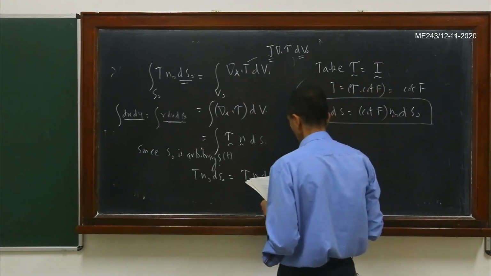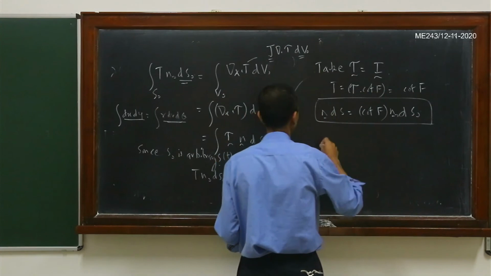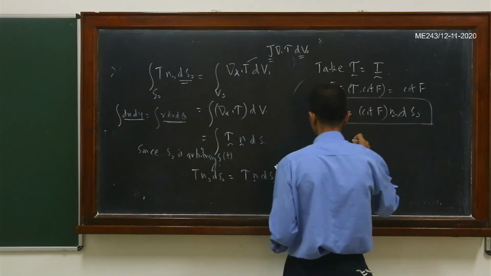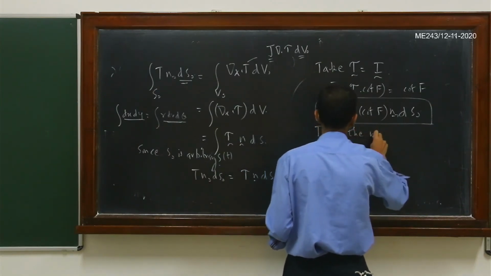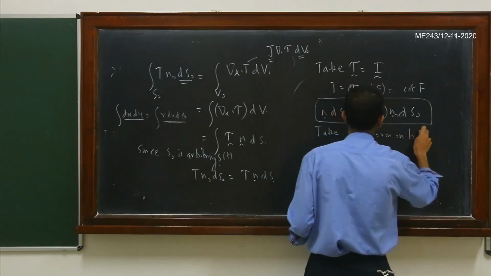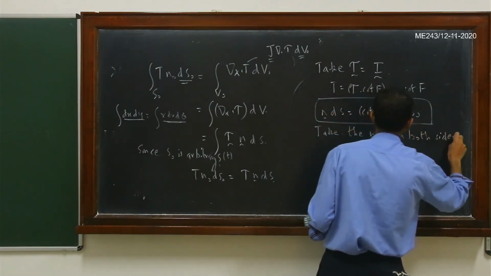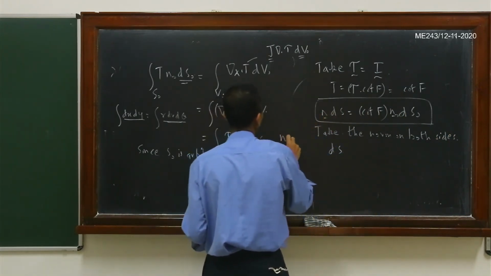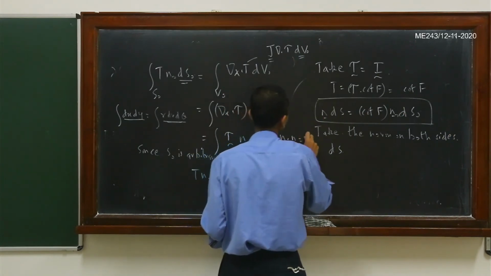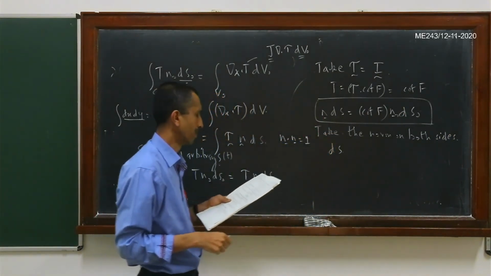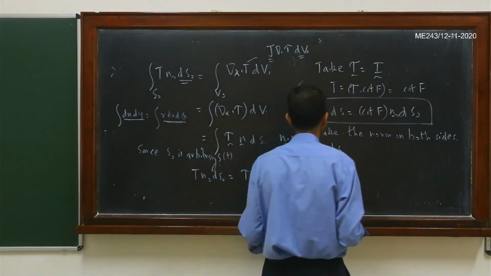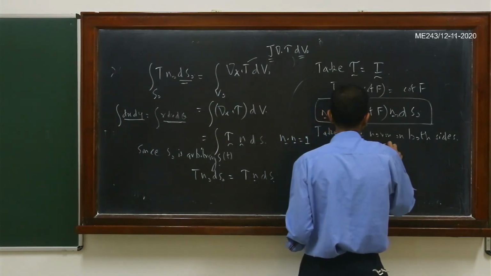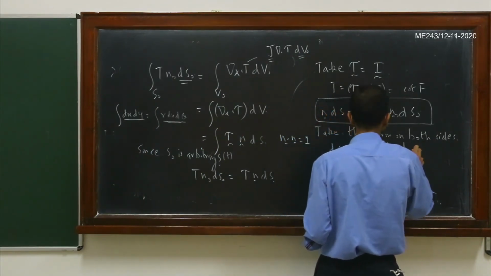Now take the norm on both sides. Because n dot n is equal to 1, since the normals are always unit normals that we are considering here, after taking the norm you will get dS as the norm of cofactor F times n0 times dS0.